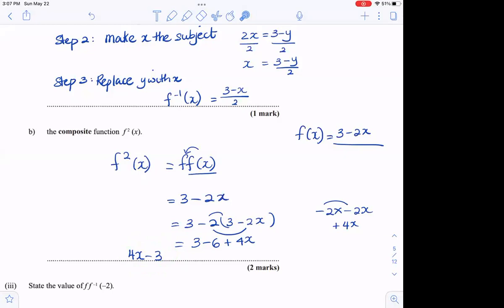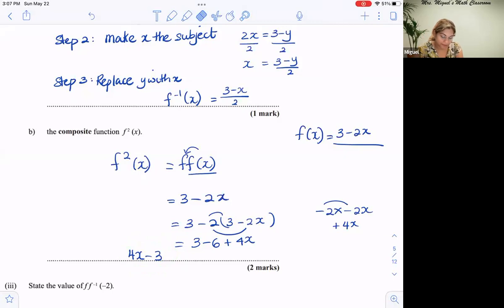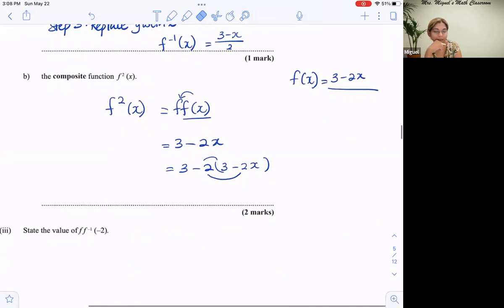Okay. All right. So go ahead, work it out, because we need to be able to do it for the exam. So take a couple minutes and work it out. The answer that we are looking for is 4x minus 3.